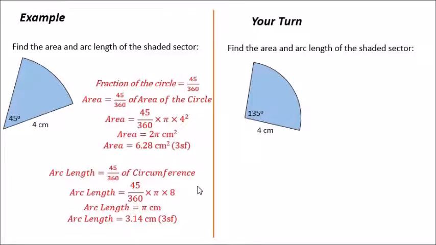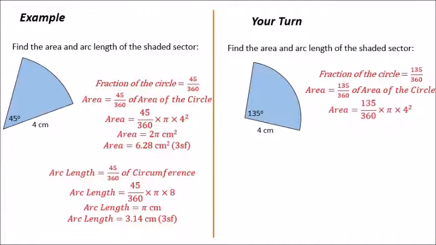Take time to copy that down, make sure you understand it, and then have a go at the question on the right hand side. So in this case we have a fraction of 135 360ths, because that's the angle at the centre. Our radius is still 4. So the area of this sector is 135 360ths of the area of the circle.